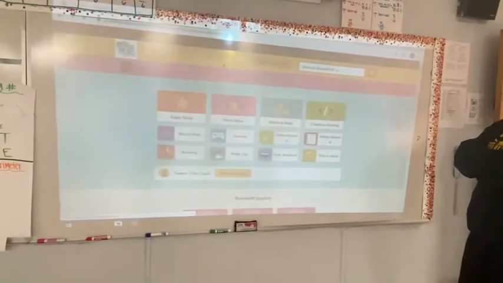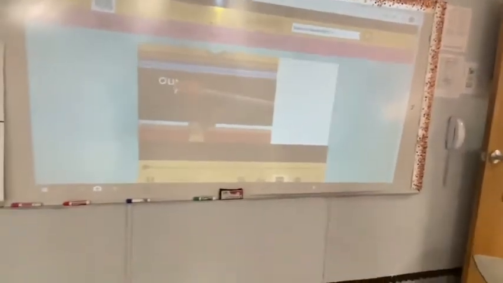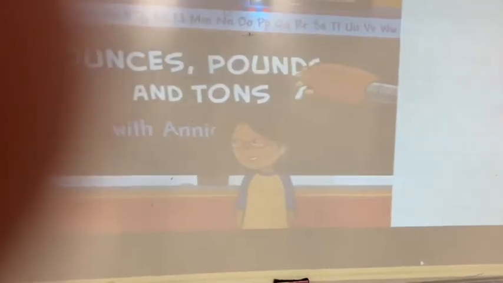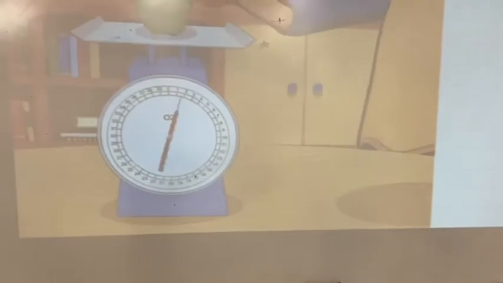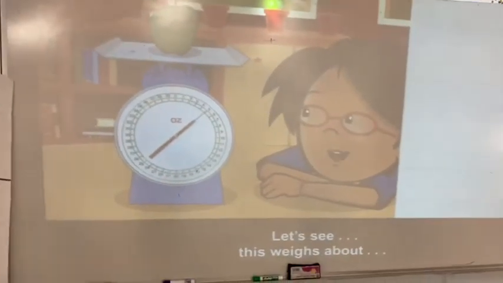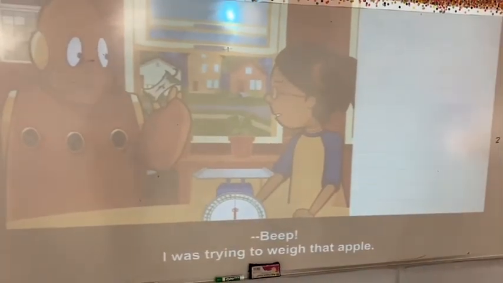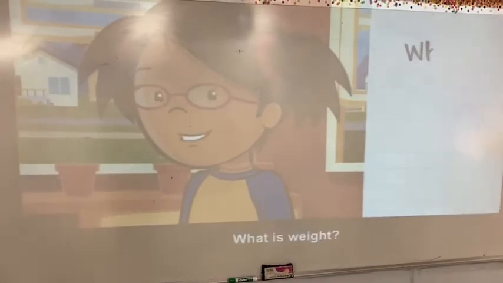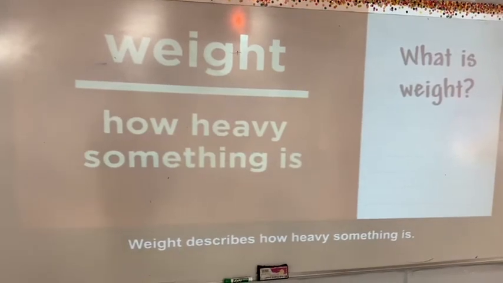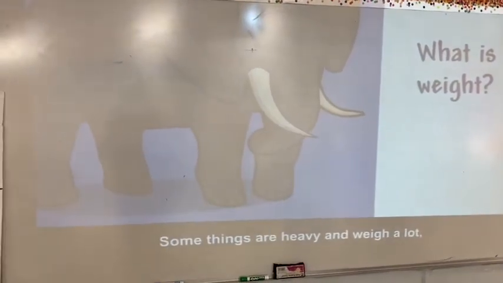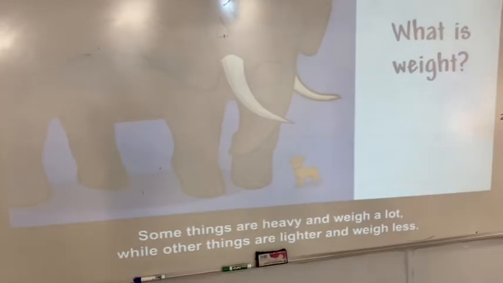Ounce. Ooh. It's a big elephant. Let's see. This weighs about... Hey! I was trying to weigh that apple. What is weight? Weight describes how heavy something is. Some things are heavy and weigh a lot, while other things are lighter and weigh less.